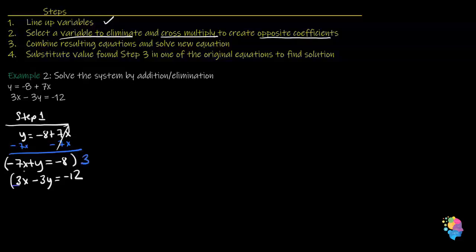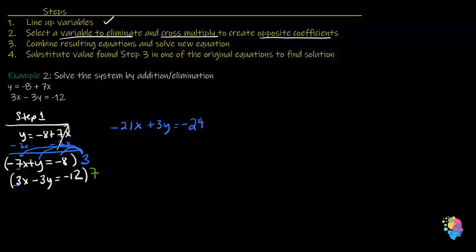And then the second gets multiplied by the coefficient of the first. I'm only going to take the number, not the sign. I have 3 times negative 7x, that would be minus 21x, and then 3 times y, that will be 3y, and then 3 times minus 8, that would be negative 24, different signs.